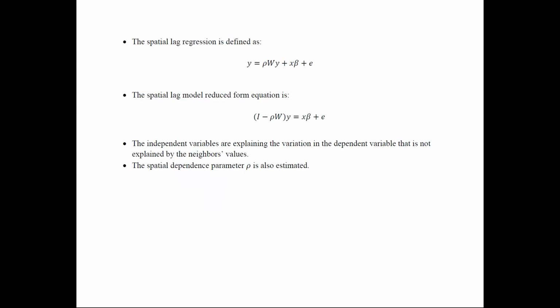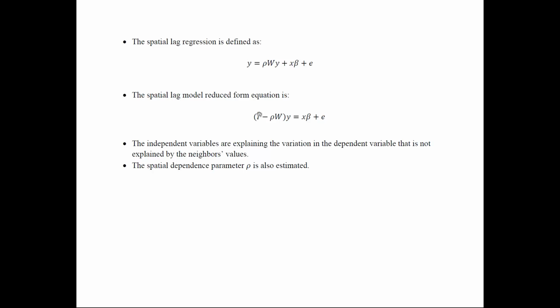And here's how the model would look. If we have a typical OLS model, we would have y equals X beta plus e, right? So one thing that we have here in addition to that is rho times W times y. So this y is the same values as here. W is a spatial weight matrix. And here rho would be the spatial dependence parameter, which we will also estimate. So if we put this term on this side of the equation, this will be the reduced form equation.